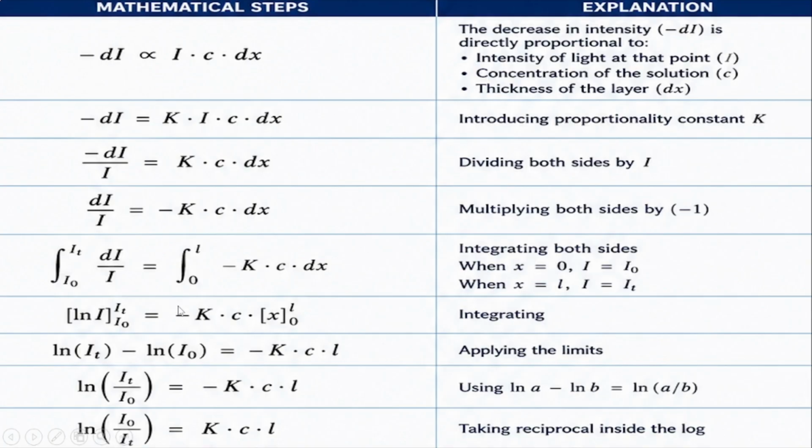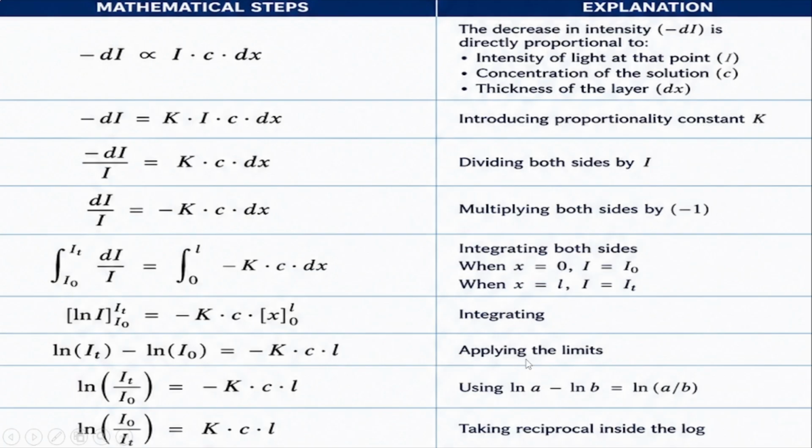When we simplify the integration, we get ln, the natural log of I, upper limit IT, lower limit I0, equals minus kc, which is outside the integration as they are constants, and in brackets x, upper limit L, lower limit 0.